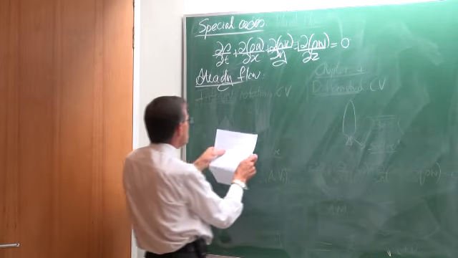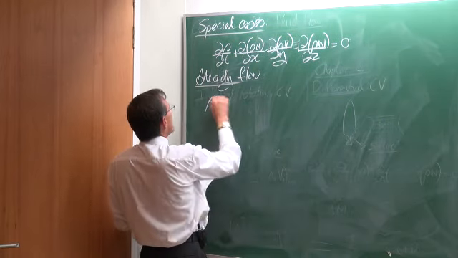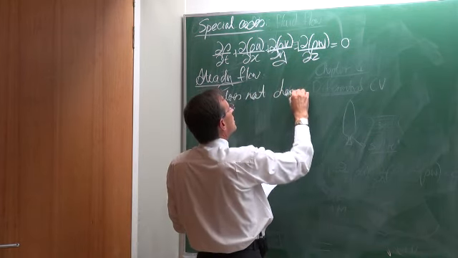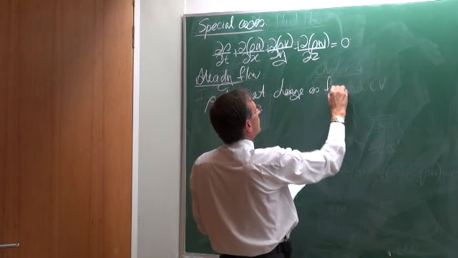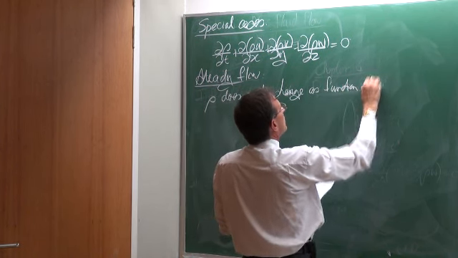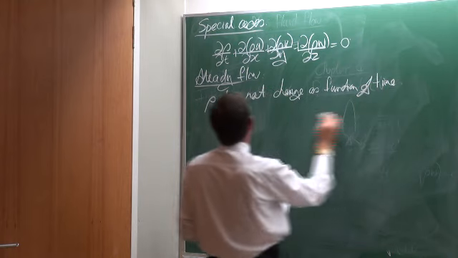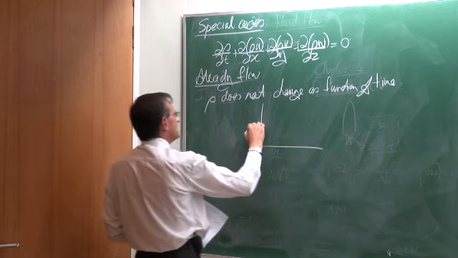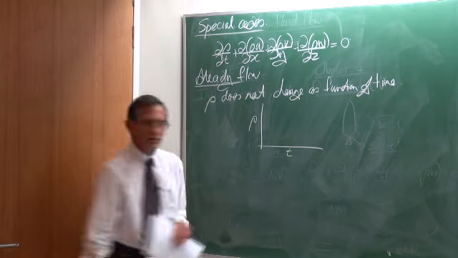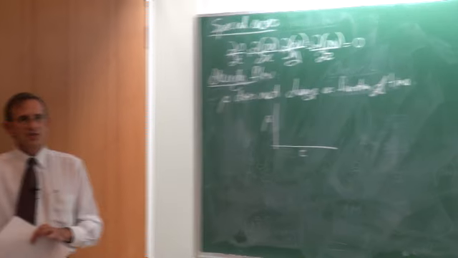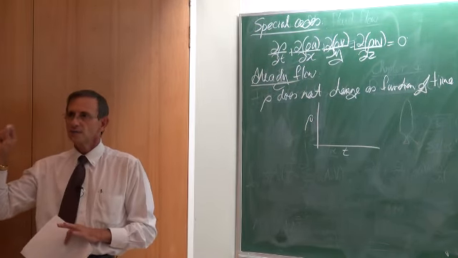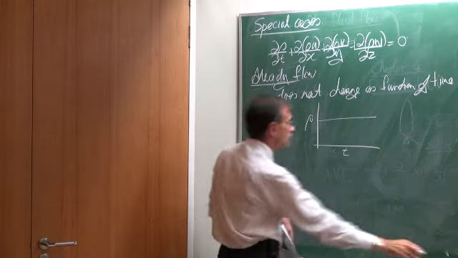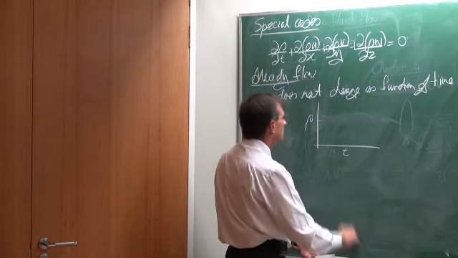What does steady mean? It means that rho does not change as function of time. So if I would go and get into that jet engine with my P2 tube, and I would sit there in the Airbus engine at any specific point, taking the measurements of the density as a function of time, then it should be a constant value.